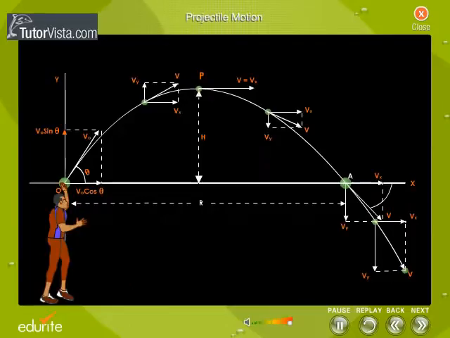The direction of the projectile at any instant is given by the angle between the velocity vector and the horizontal. Tan theta is equal to Vy divided by Vx.